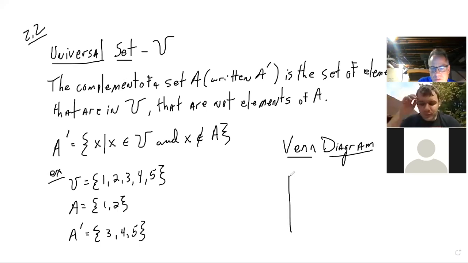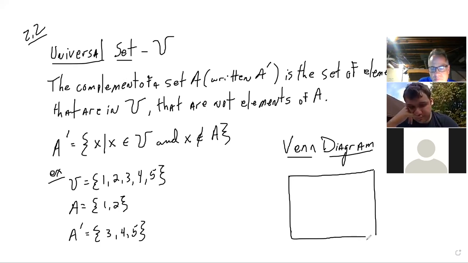What we use is a rectangular box. Everything within that box is the universal set. Depending upon the book you pick up, you might see a U down here, a U here, but this represents the universal set. So everything else lives within it.